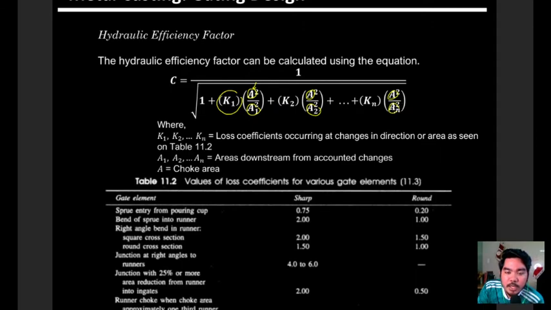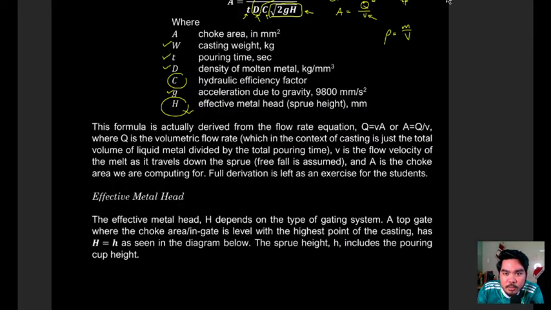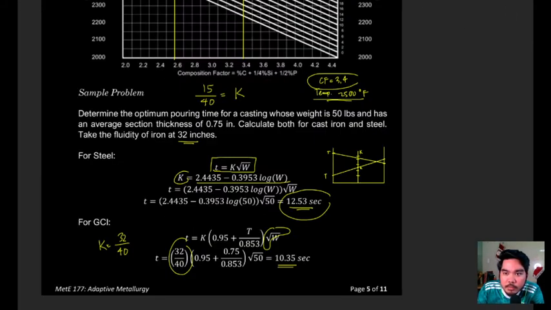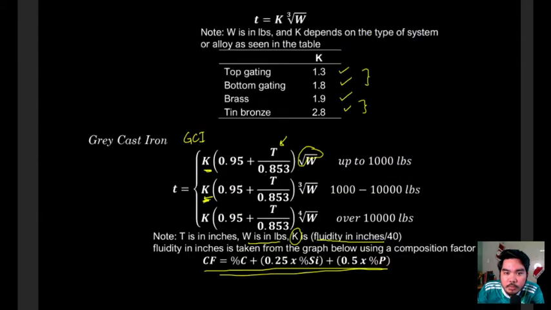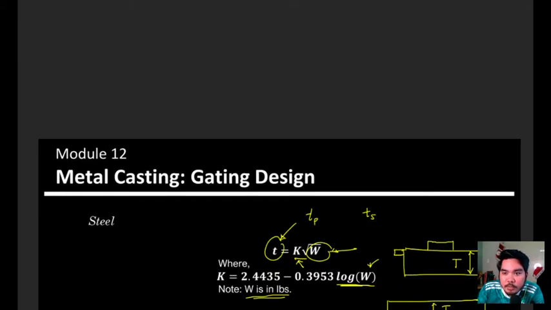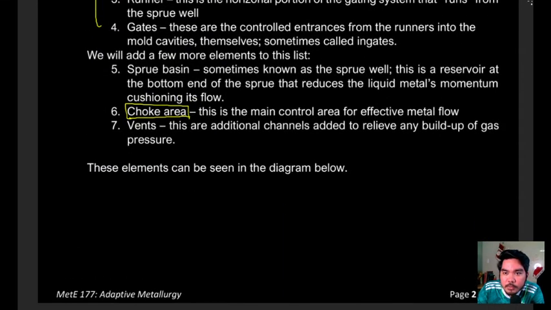I'm sorry, scratch that. This A is the upstream area, and this is the downstream. For example, let's look at the first one.